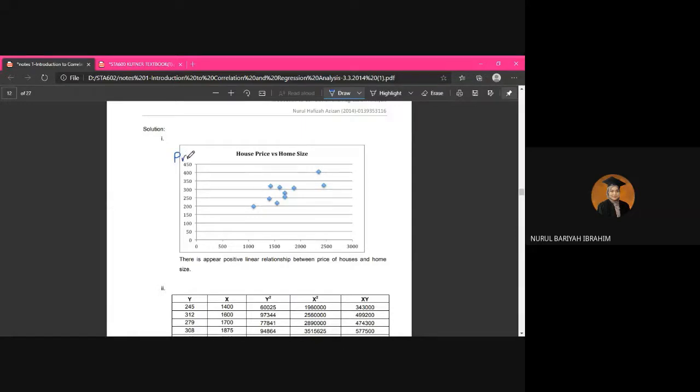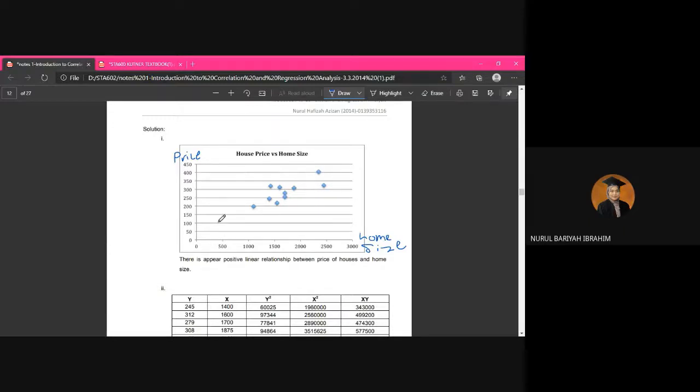Price. Okay, and then here adalah home size. Okay, home size, kena letak labeling of x-axis dan y-axis. Then you just plot the scatter diagram.